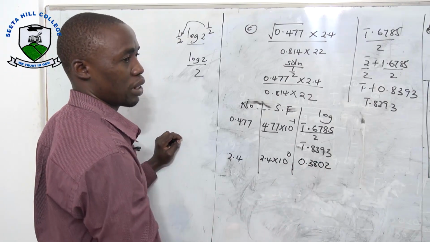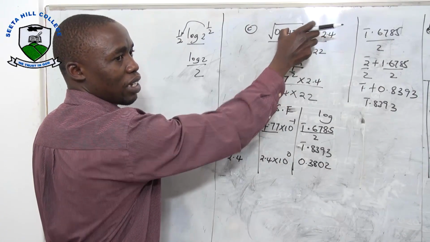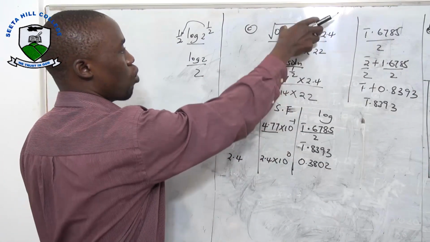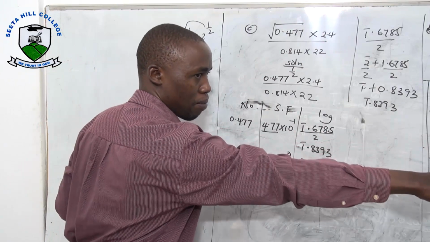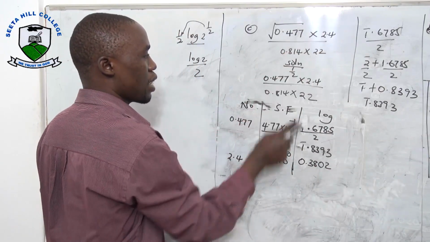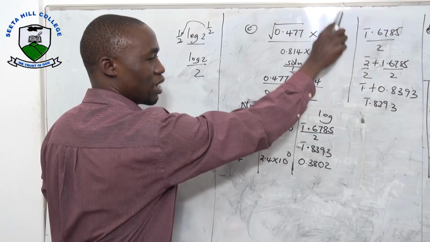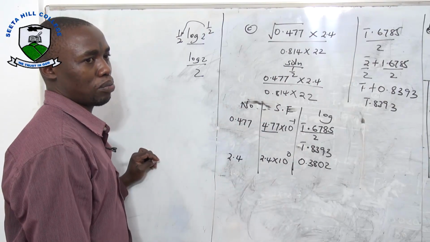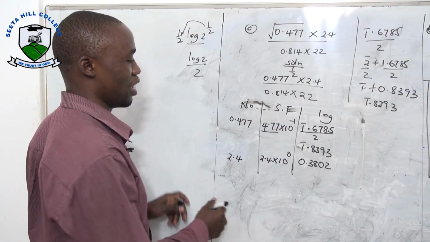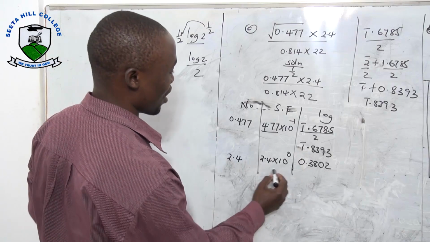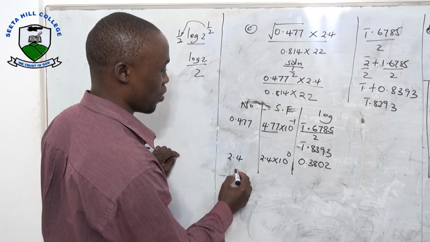So we do what on these ones? Now listen. Here we shall add, get the answer. Also here we add, get the answer. Then this answer and this answer we subtract. This is very, very interesting. Did you know that?